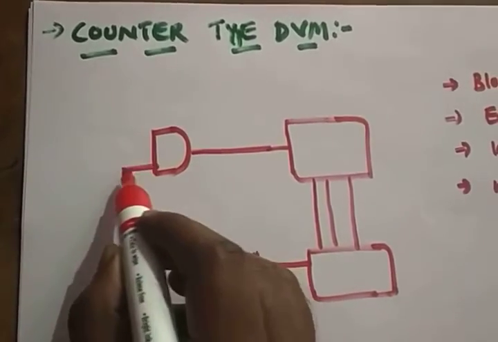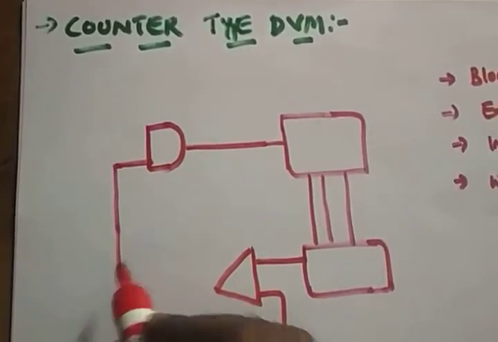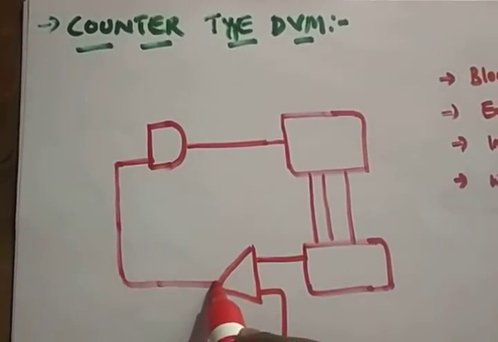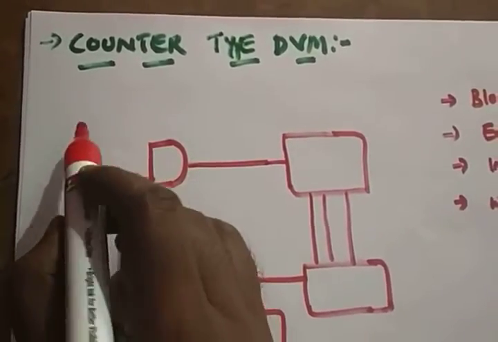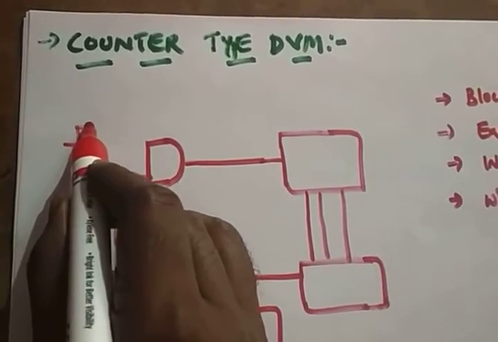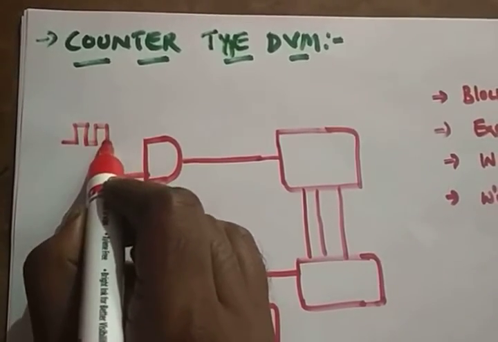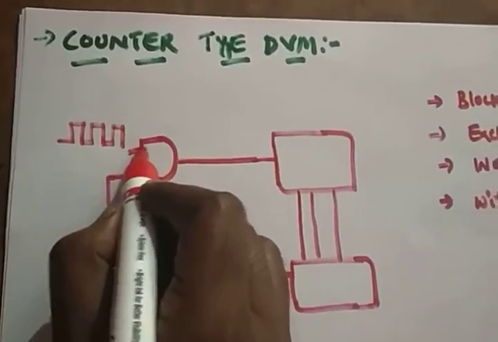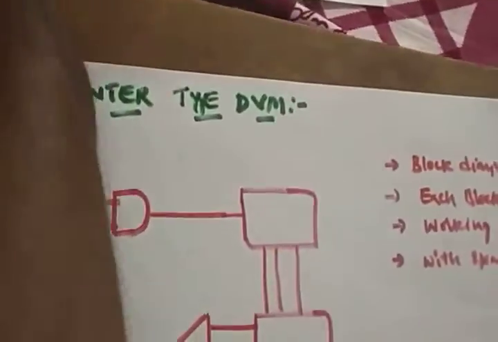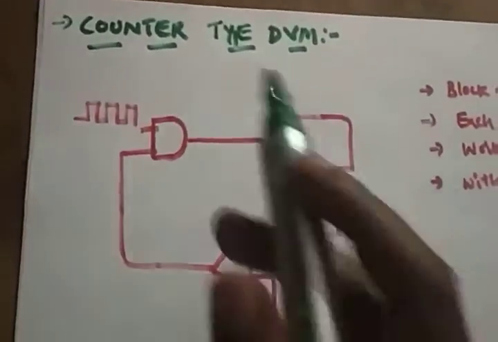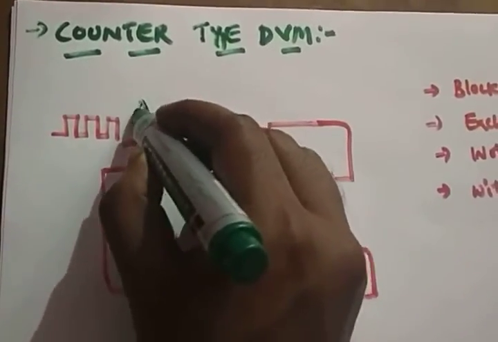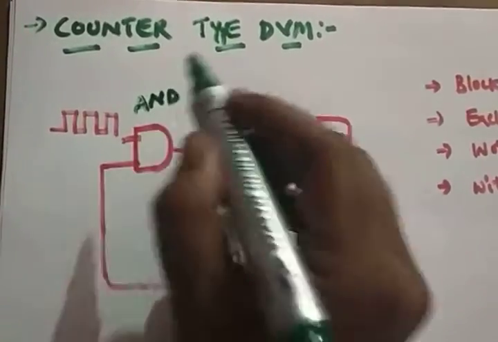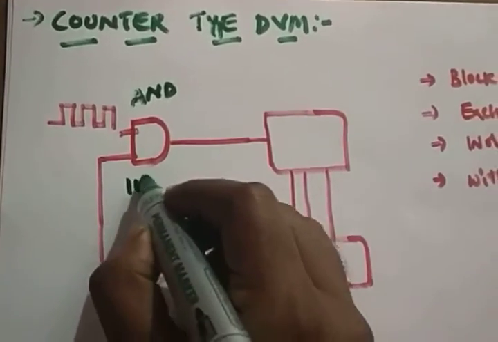One input of the AND gate comes from the comparator, and the other is the clock pulses. This we can call an AND gate, which is nothing but a logic gate.